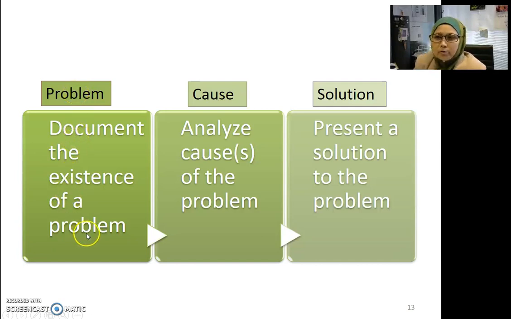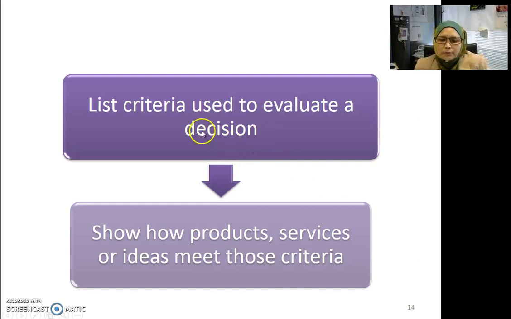Tell them that the problem really exists. Tell them that you know the causes, and you explain to them the causes, and then give them the solution. So your solution is the one that you want to sell to them.